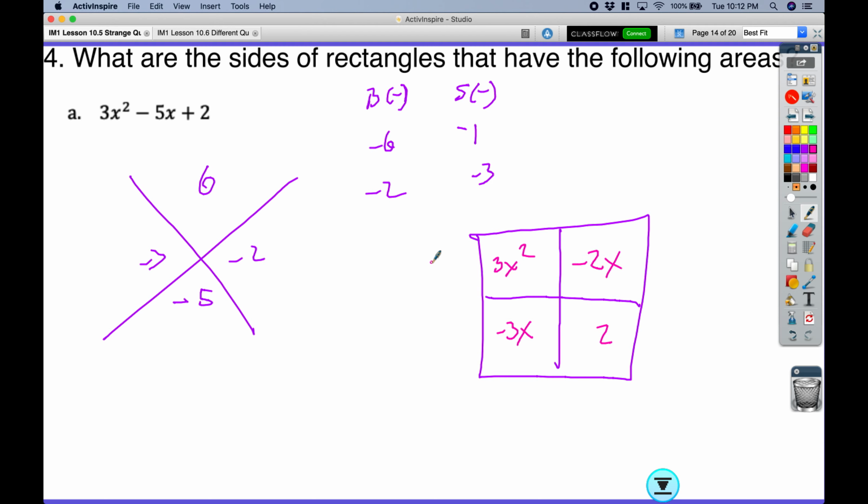So let's go ahead, we're going to pull out an x, we're going to pull out a negative 1, and then we're going to pull out a 3x, and then pull out a negative 2. Okay? So that means my two factors are 3x minus 2 and x minus 1.